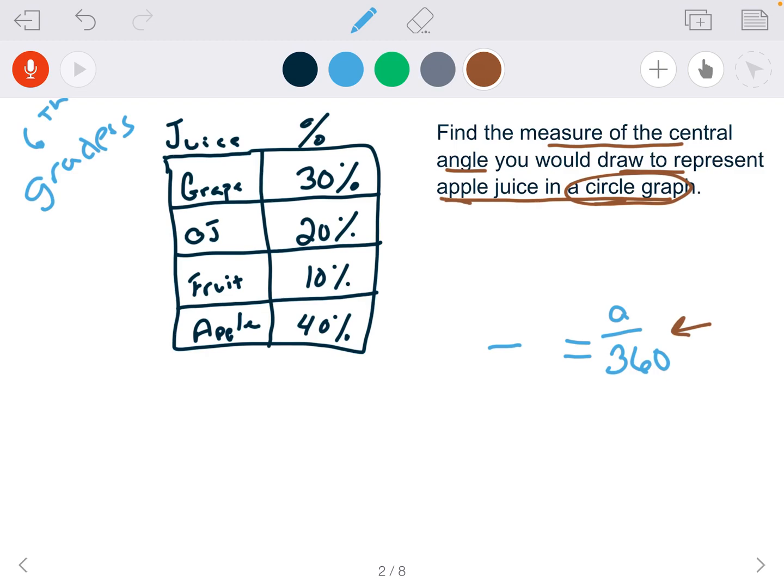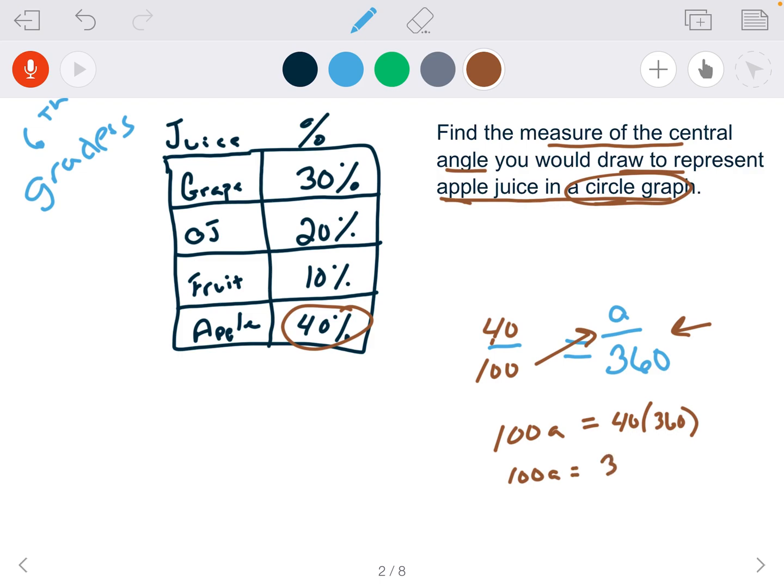So we're looking for apple juice. Apple juice in my example is 40, and the percent is over 100. So then we cross multiply here. So we have 100A equals 40 times 360.